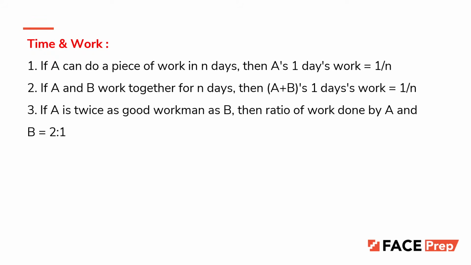If A and B work together for n days, then that can also be taken as 1 by n, A plus B's 1 day work. And the next part: if A is twice as good a workman as B, then the ratio of work done by A and B is 2:1.